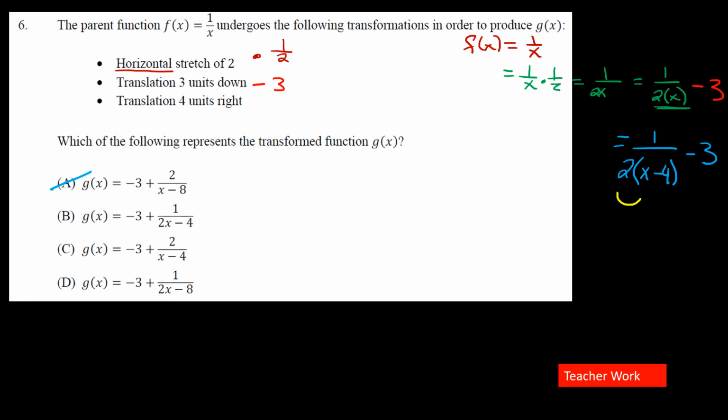So if we were to distribute this, this would actually end up being 1 over 2 times 2x minus 8, all of that minus 3. So that means that no, B is no good. C is also no good, so our answer choice has to be D.